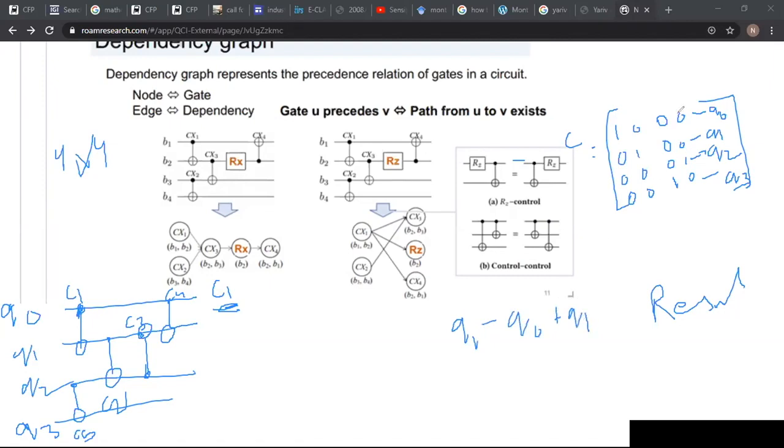This is the row operation I apply. So my C1 matrix will be nothing but 1 0 0 0, 1 1 0 0, 0 0 1 0, 0 0 0 1. So this will be the matrix of my C1.